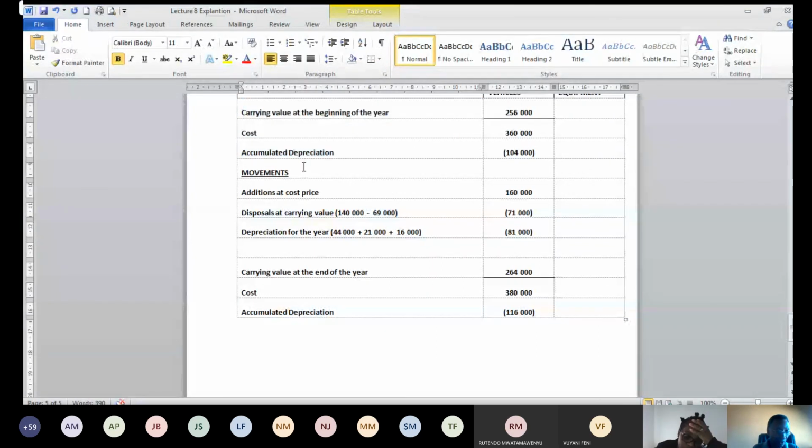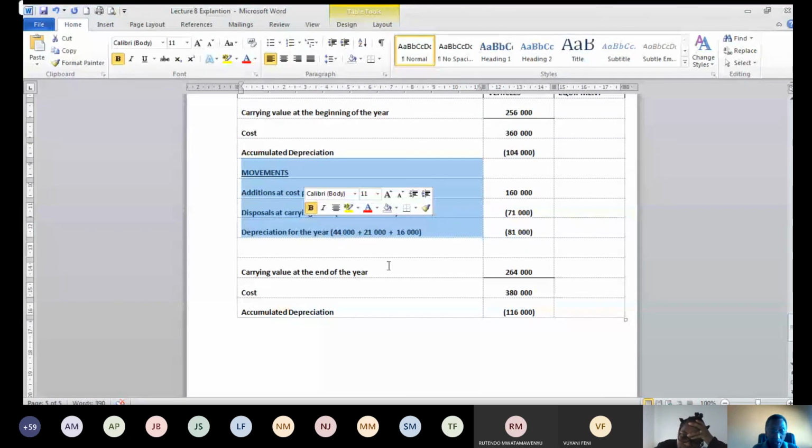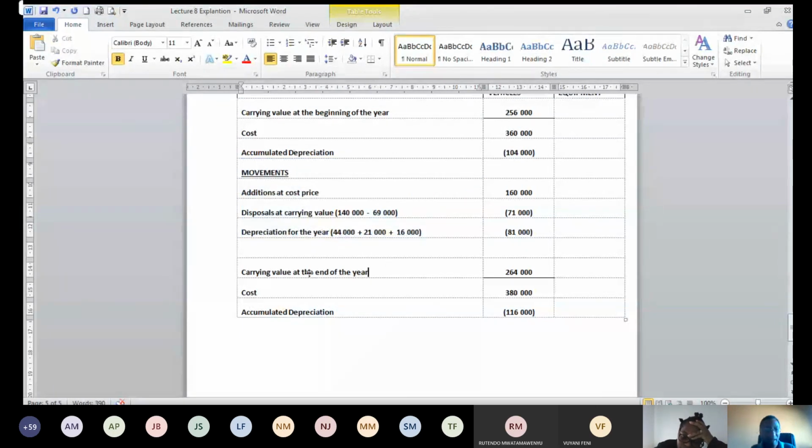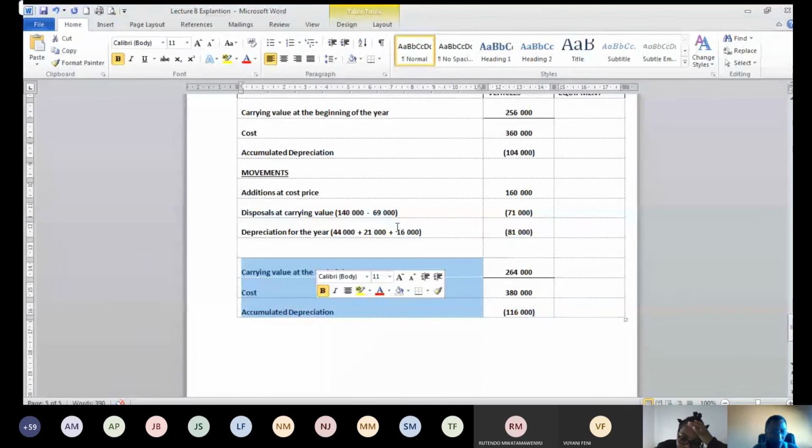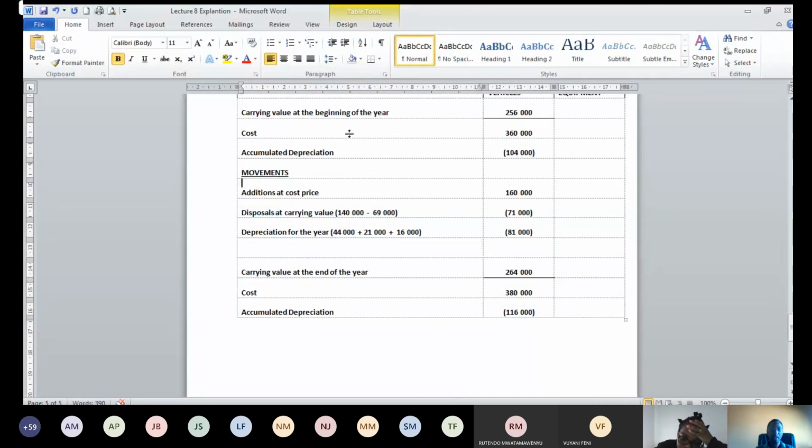What happened during the course of the year? And what is the situation at the end of the financial year? At the beginning of the year, we want to know what is the carrying value at the beginning of the year. And carrying value at the beginning of the year is the cost at the beginning of the year minus accumulated depreciation at the beginning of the year.